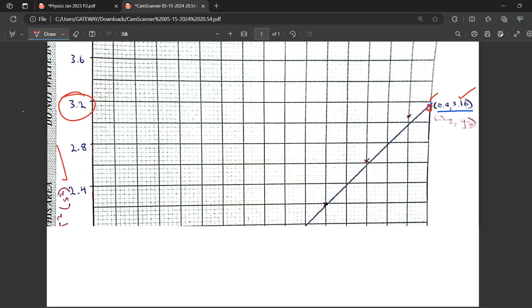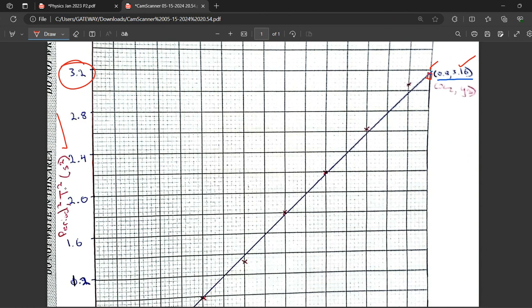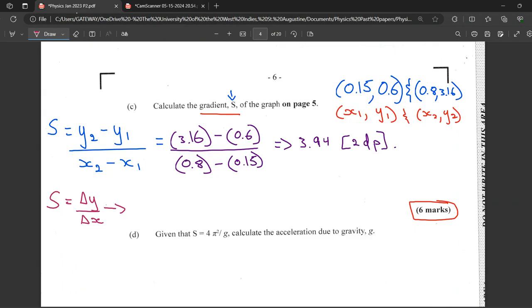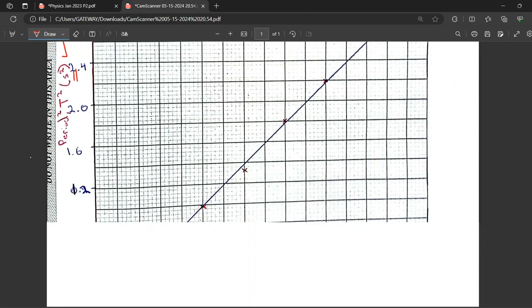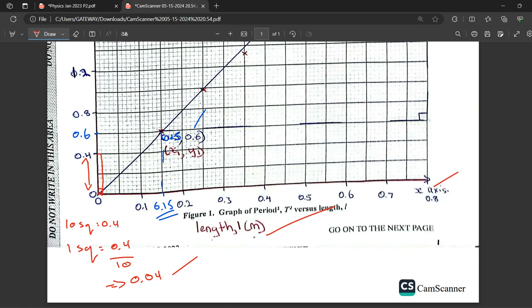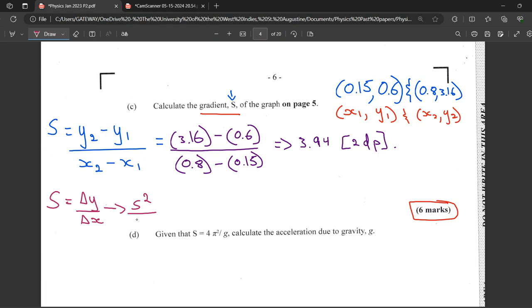If we look back at our graph, period squared, or T squared. The unit is s to the power positive 2, second squared. So I put in the unit here, s squared, all over what is plotted on your x-axis, length, and the unit is meters, m.